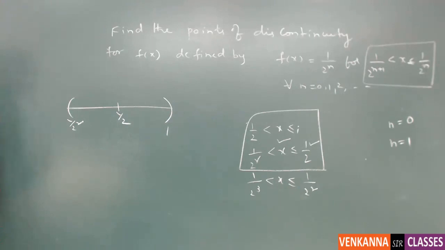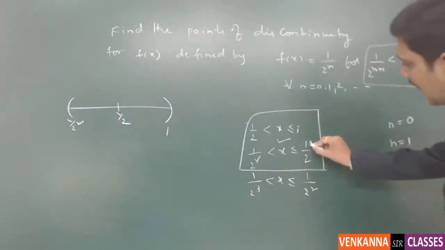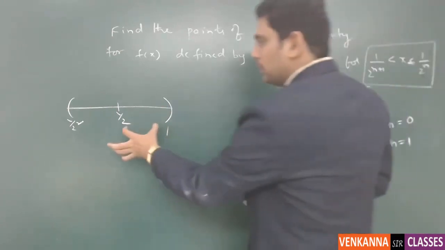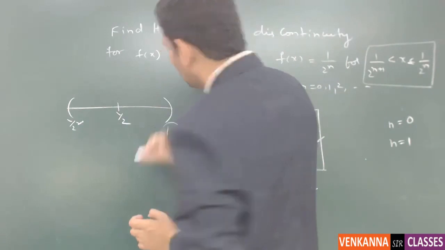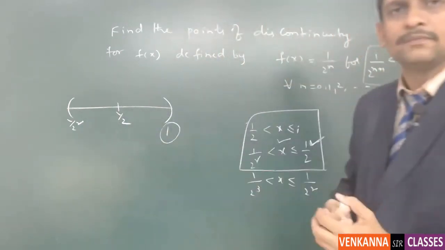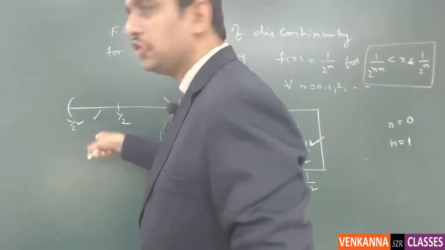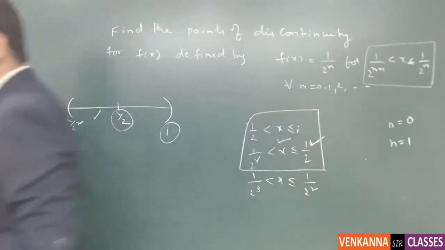Fine. So if you observe the inequalities, how is the function value defined? Whenever you have an inequality, the upper value is taken as the function value. So if you choose x here, the upper value is 1, so the function value is 1. If you choose x in this portion, between these two, the upper value is 1 by 2, so this is the value of the function.